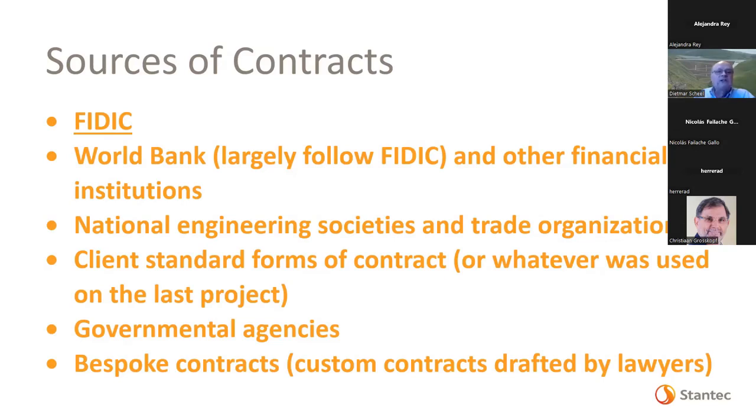Various governmental agencies have their own specific contracts as well. And the last category here, I find on the international front, if something isn't FIDIC or FIDIC-based contracts, say based on the World Bank or something, we have bespoke contracts, and those are often custom contracts drafted by lawyers.